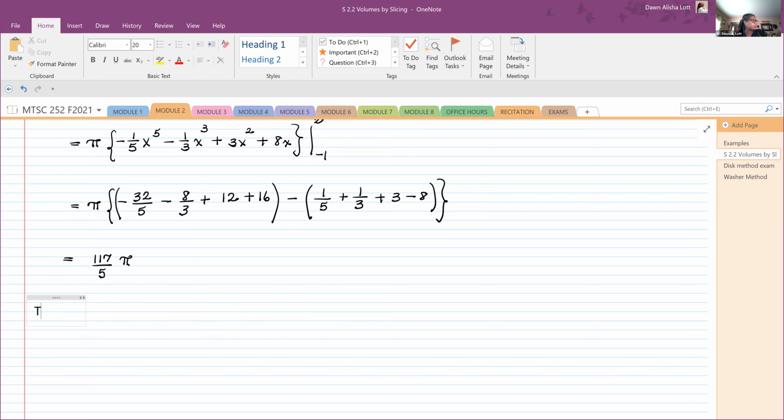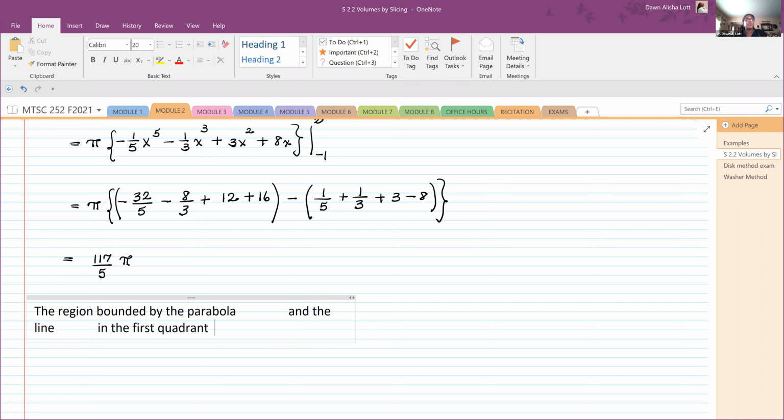The region bounded by the parabola y is equal to x squared and the line y is equal to 2x in the first quadrant is revolved about the y-axis to generate a solid.